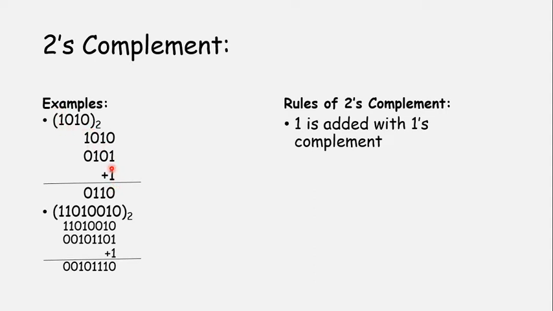Then we add plus 1. 1 plus 1 will be 0, there will be one carry. 0 plus 1 will be 1. Then the 1 comes, and the 0 comes. So 0110 is the two's complement of 1010.